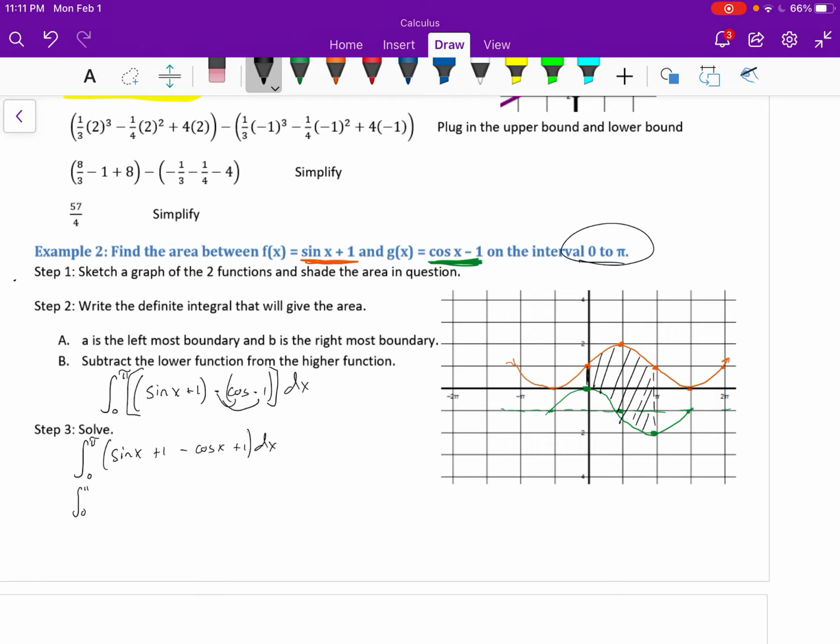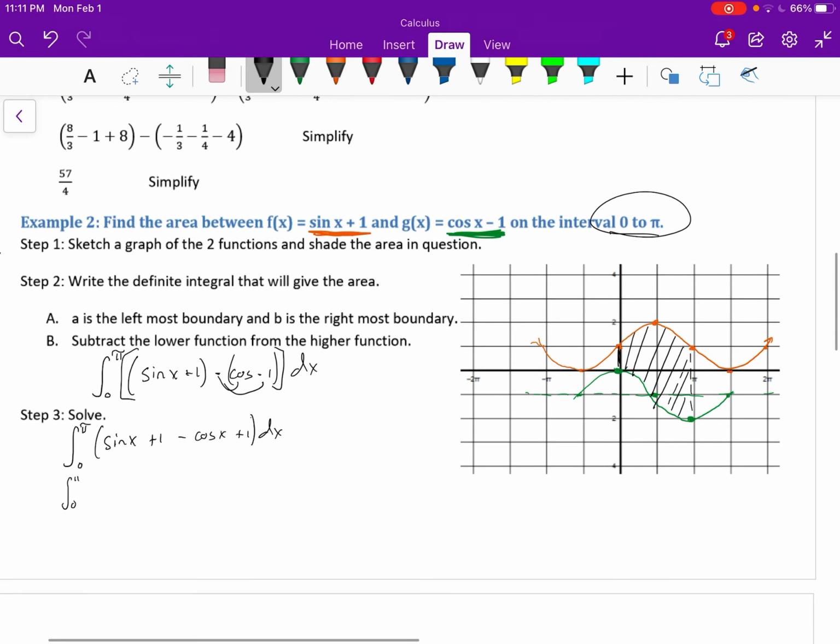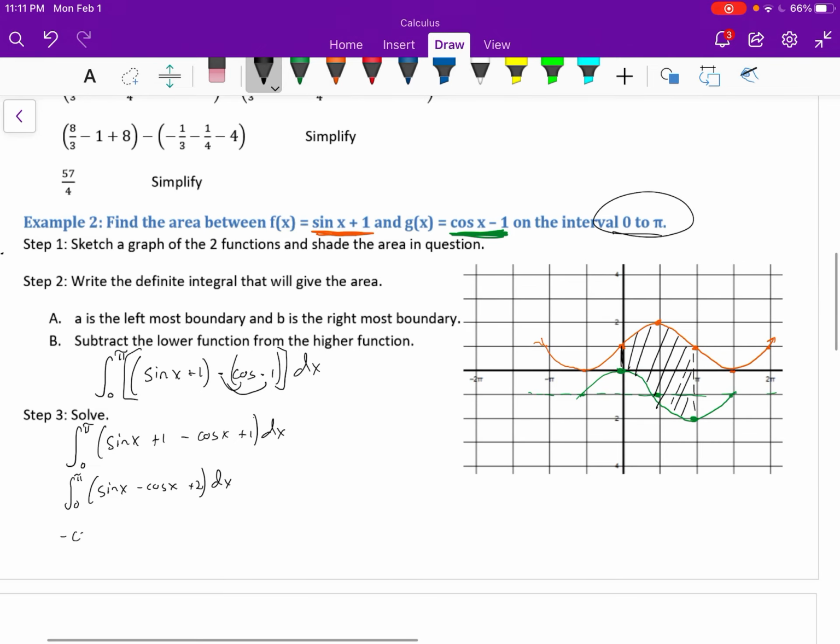And we'll simplify a bit further. So we've got sine of x minus cosine of x plus 2. We'll go ahead and integrate now. The integral of sine is negative cosine.